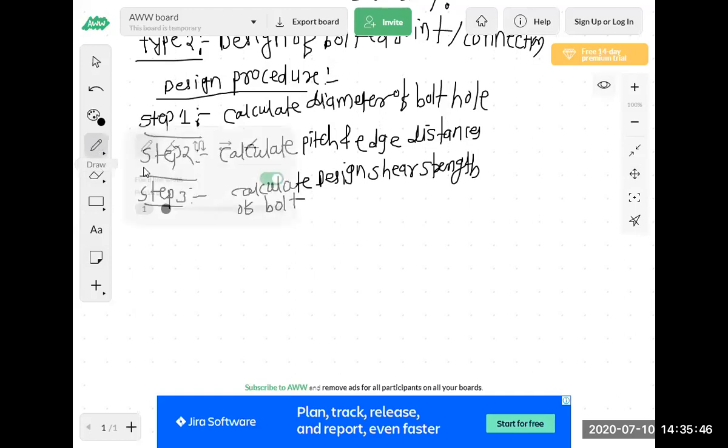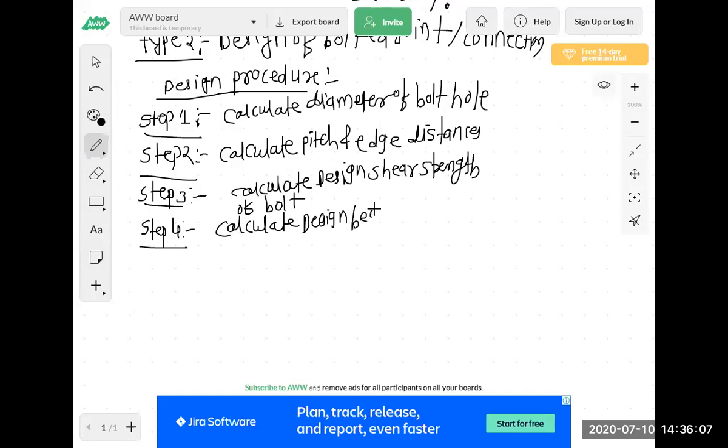Then in step 4, same, calculate design bearing strength of the bolt.